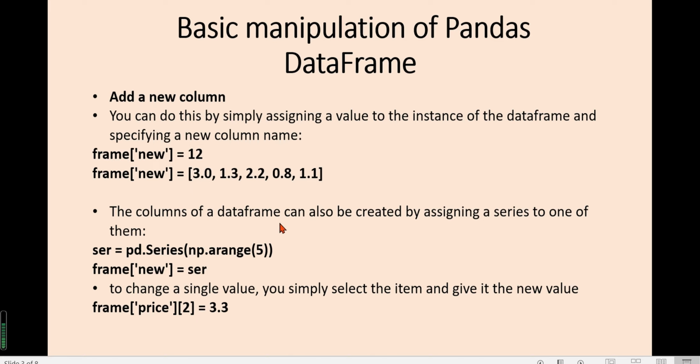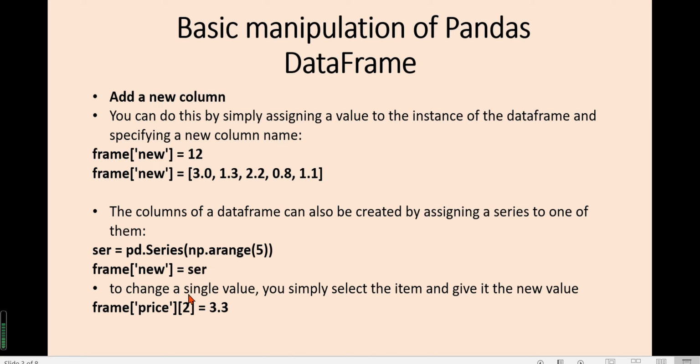The columns of a data frame can also be created by assigning a series to one of them. First we create a series with 5 values from 0 to 4. Then we use the same notation, frame bracket new, and on the right side we just put this series.